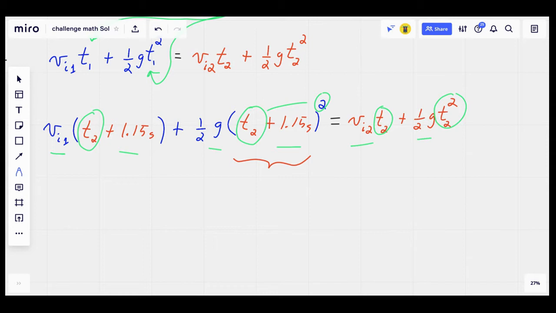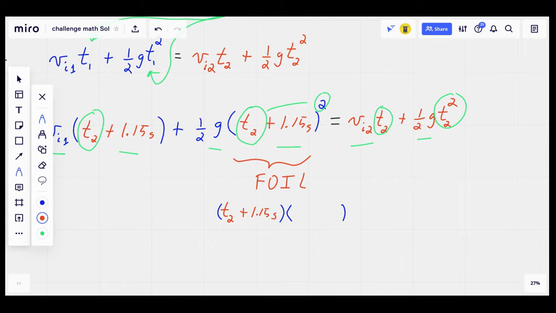Now, you have to use the FOIL method: first, outside, inside, last. So let me show you what's going on with this. We have T2 plus 1.15 seconds times, because it's all being squared, T2 plus 1.15 seconds.